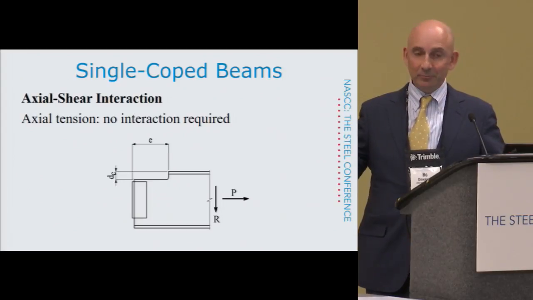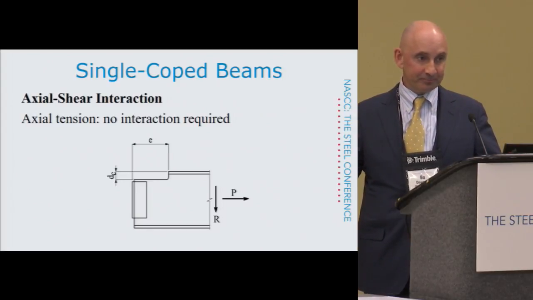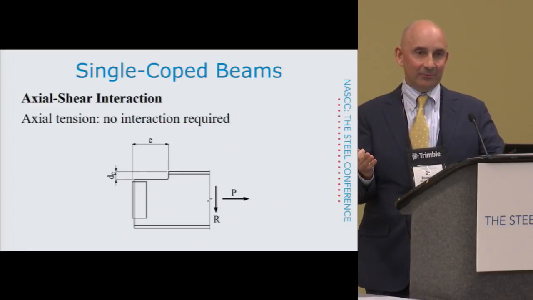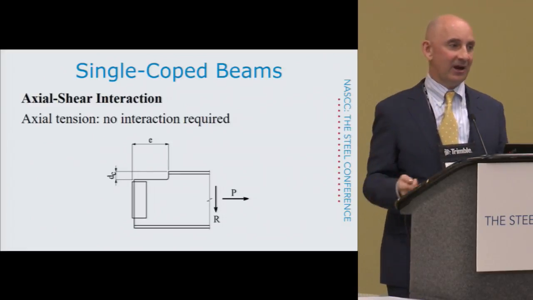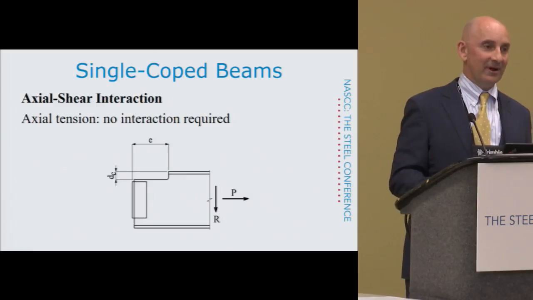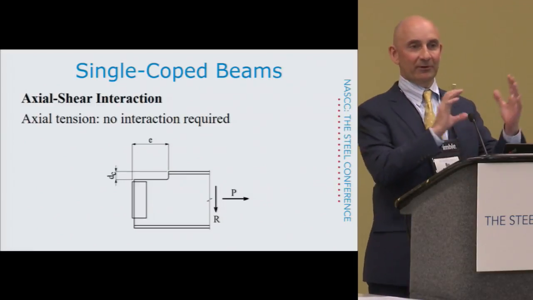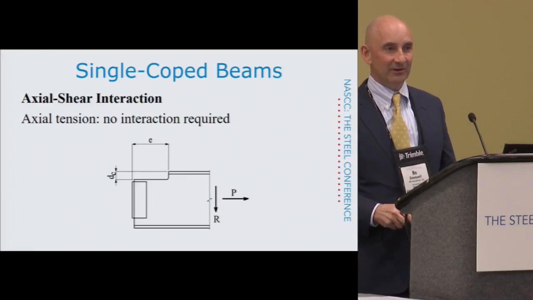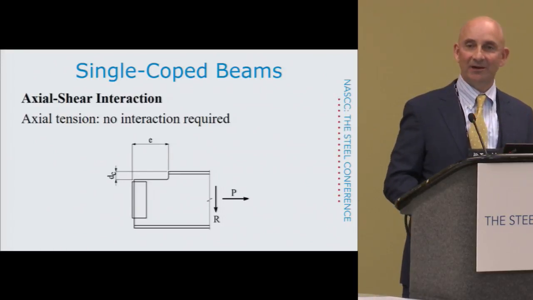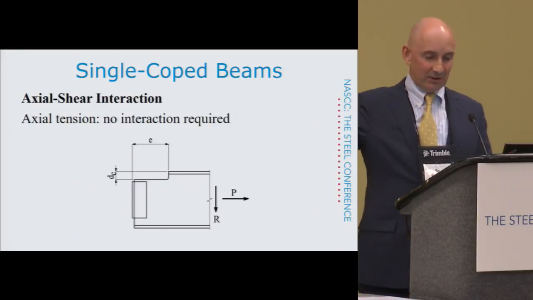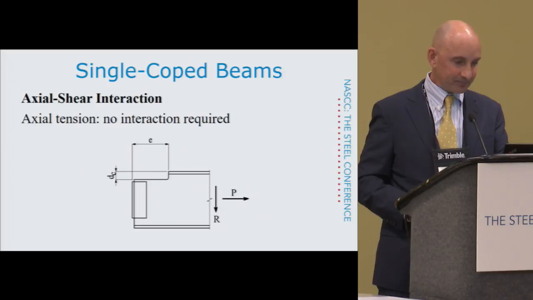So axial tension plus the shear load, there's no interaction required. The primary case where I think this would come in handy is those giant structural integrity type loads where you're required to put a certain percentage of the gravity load onto the end of the beam and an axial. So that might help you in those cases.